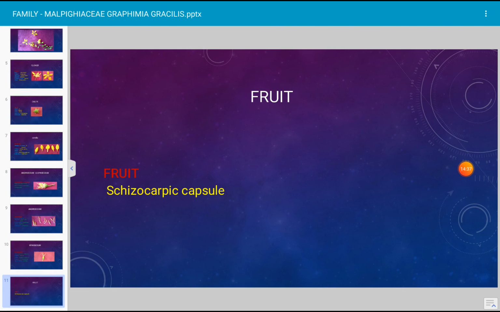The ovary may be superior or inferior. Ovary may be syncarpous. After maturity, it splits open into its constituent carpels that are one-seeded. Such type of fruit is described as schizocarpic capsule, schizocarpic fruit. Thank you very much.